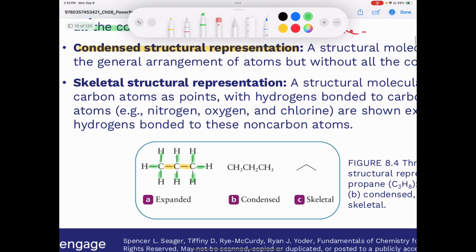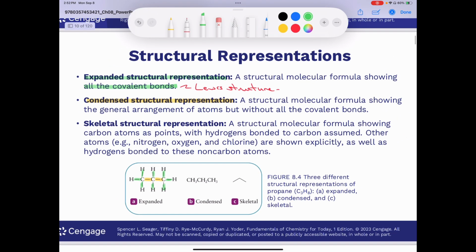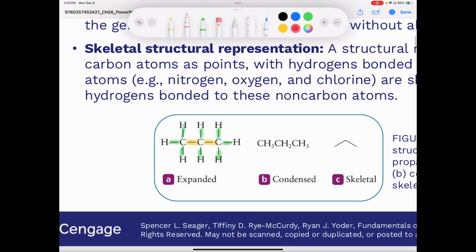Then in the condensed structural representation, you can see that we have the general arrangement of the atoms, but we're not showing the covalent bonds, right? You can see that we have this first CH3 group here, but we've condensed it down to this CH3. Then we have a carbon with two hydrogens attached, which we've condensed down to this CH2 here. And then finally, we have another CH3 group here, which we've condensed down like this.